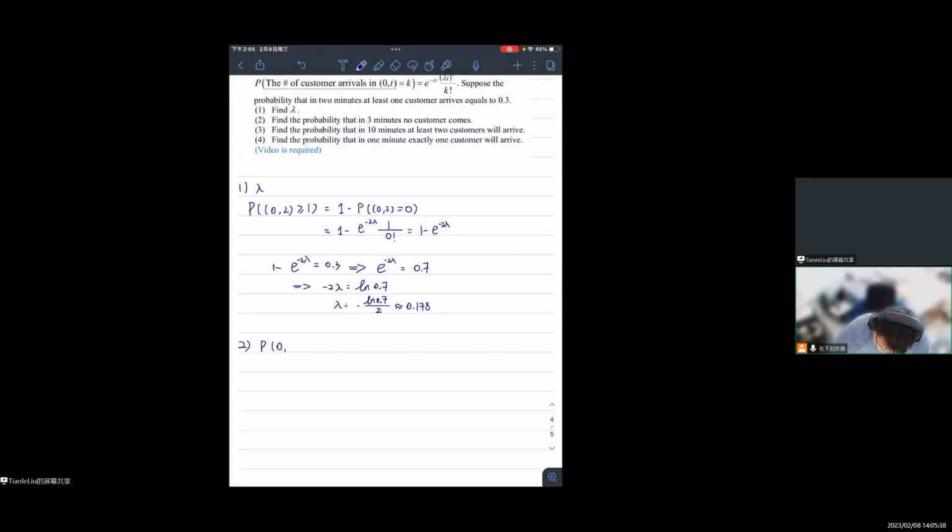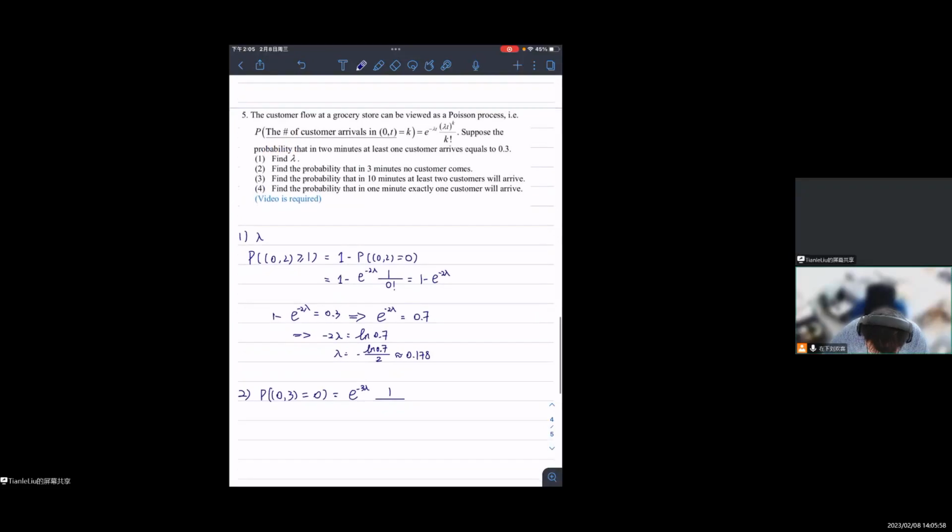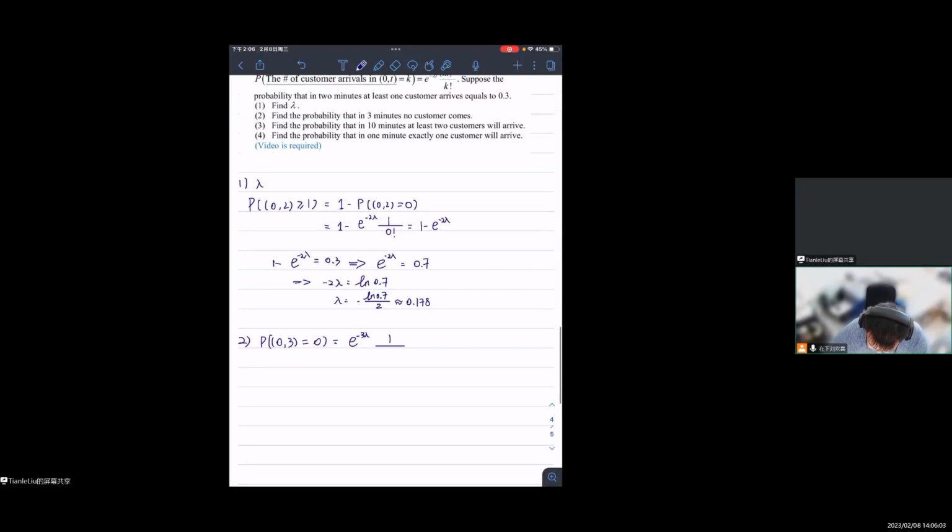The probability with t equals 3 and k equals 0 will be e to the power of negative 3 lambda, because whatever lambda t is, with a power of 0 it equals 1, and the factorial of 0 equals 1.